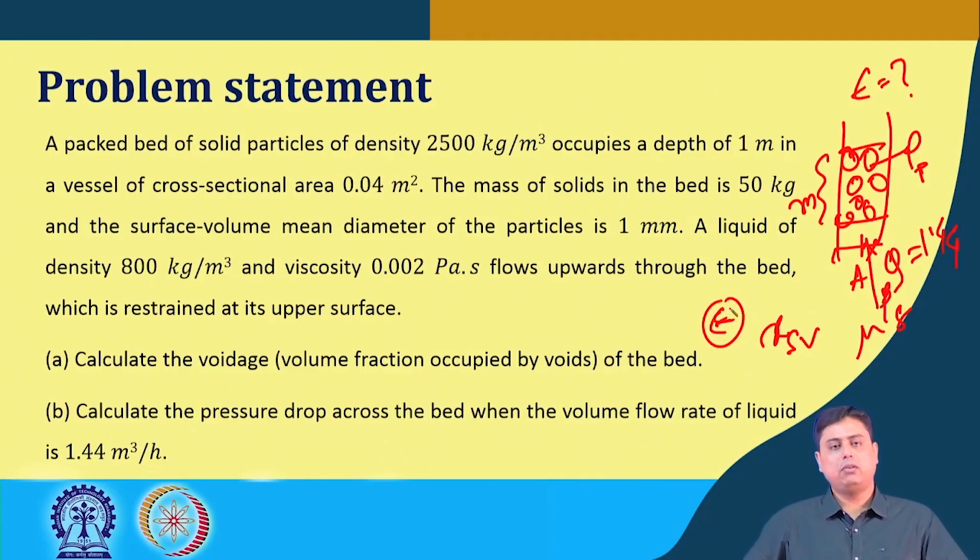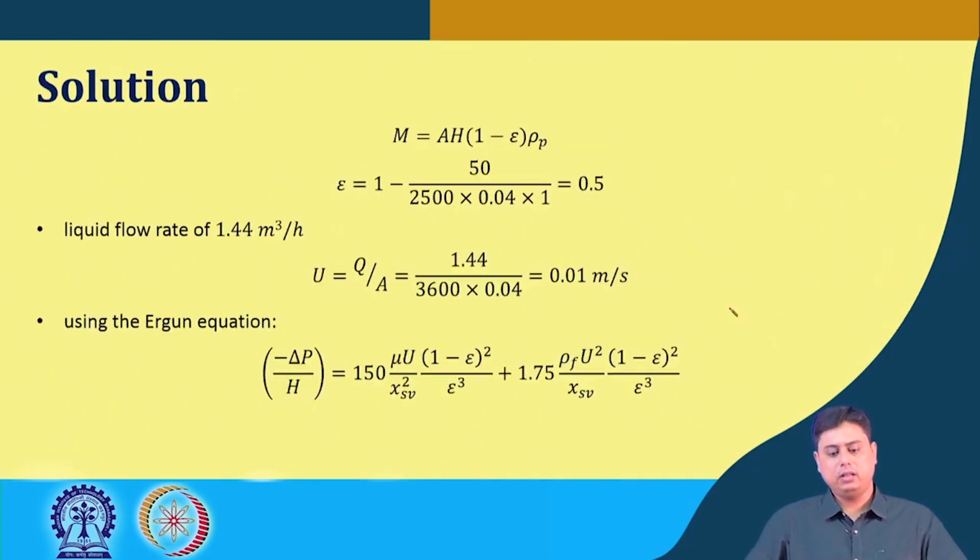But before that, the voidage calculation is simple again, like we did, because we have to equate the mass of the solid particles with the solid fraction multiplied by the bed volume multiplied by its density. If we do that, we can have the epsilon or the bed voidage here.